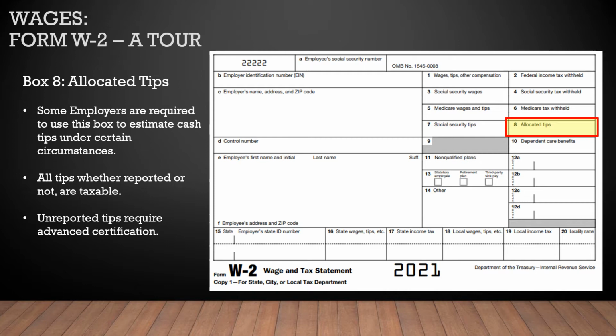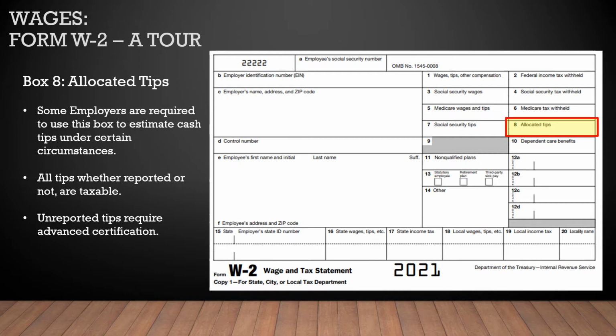And if we have somebody who states that they are a server or in another industry where cash tips are common, we are always going to double check with them to make sure that their Form W-2 is reporting all of their tips, or if they had some other cash tips that aren't reported there, because all tips, whether they're reported on the Form W-2 or whether they were just received in cash, are taxable.